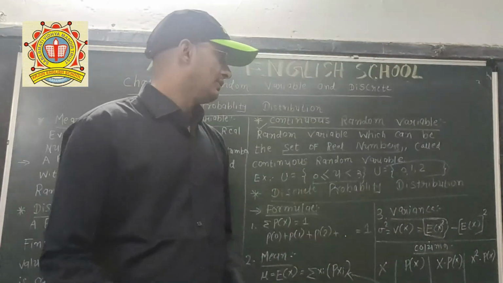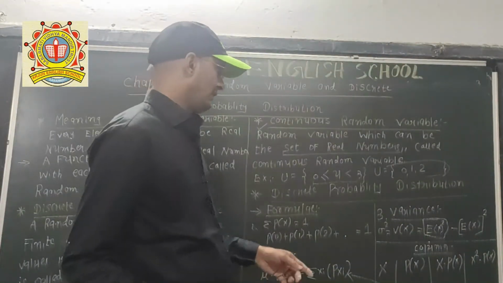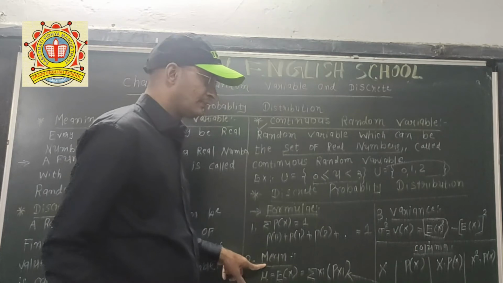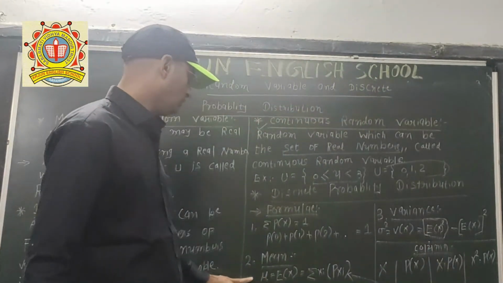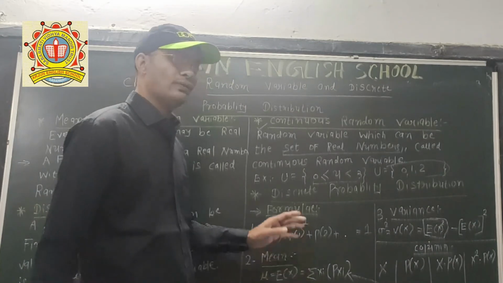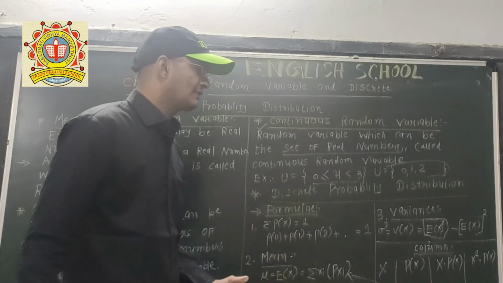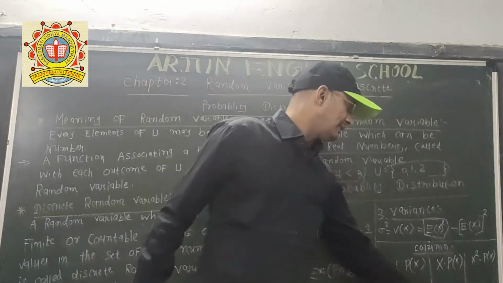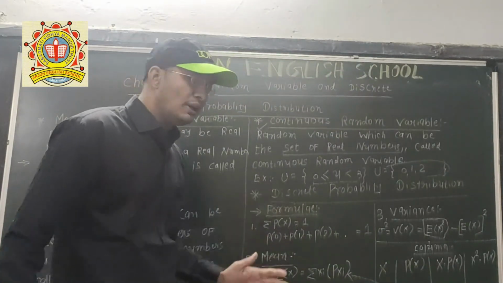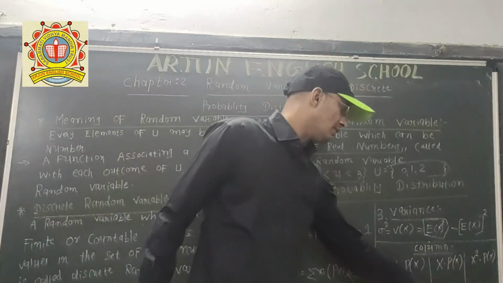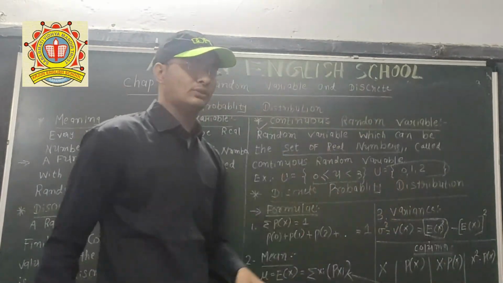So here understand very carefully. If they ask for mean, then the total of column number 3 is mu, meaning E of x. If they ask for expected x square, meaning E of x square, then only the total of column number 4 is E of x square.